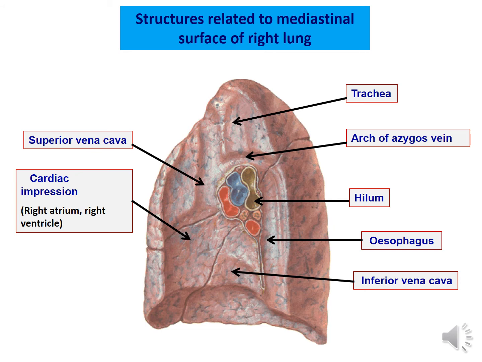So these are the impressions that you see in the mediastinal surface of the right lung, and each impression I have labeled clearly. I will even be showing these impressions in the practical videos of the lung from the plastinated and cadaveric specimen.